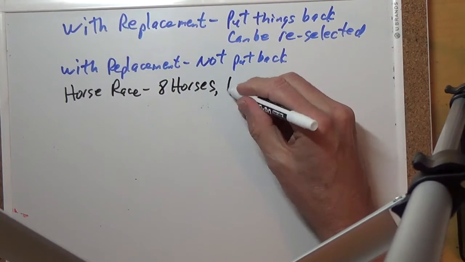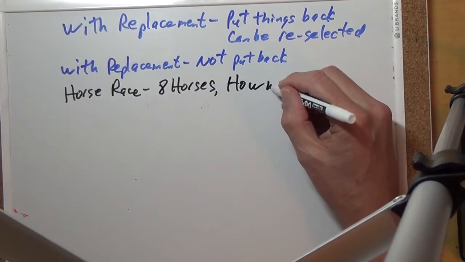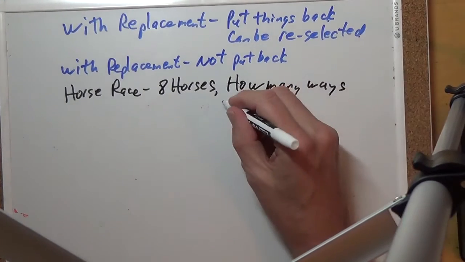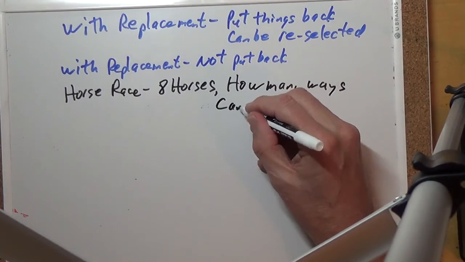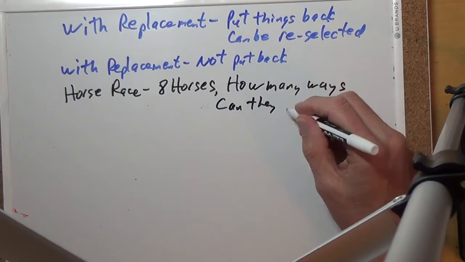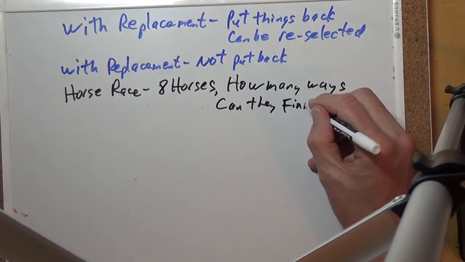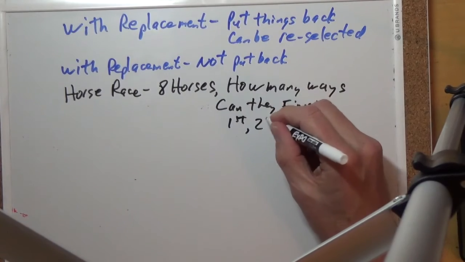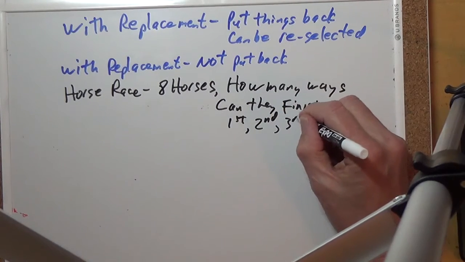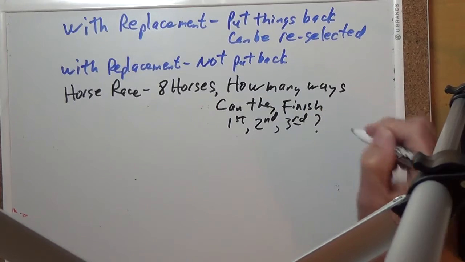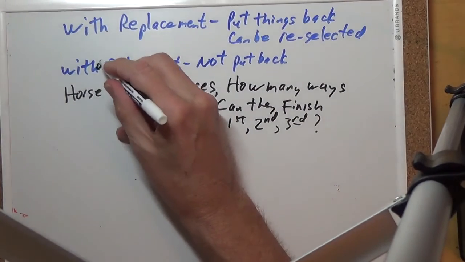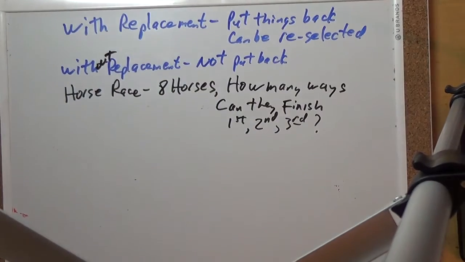And it asks how many ways can they finish first, second, and third? Okay, this is without replacement.